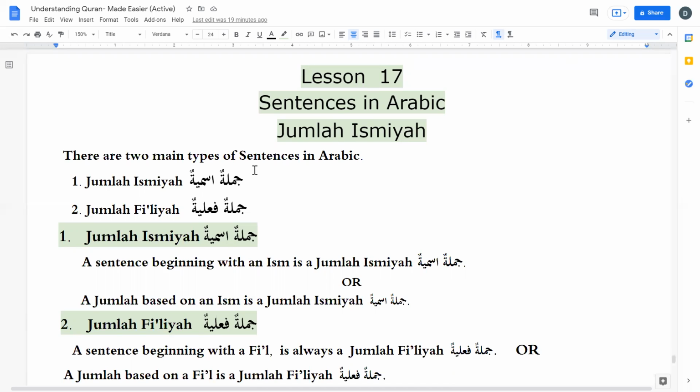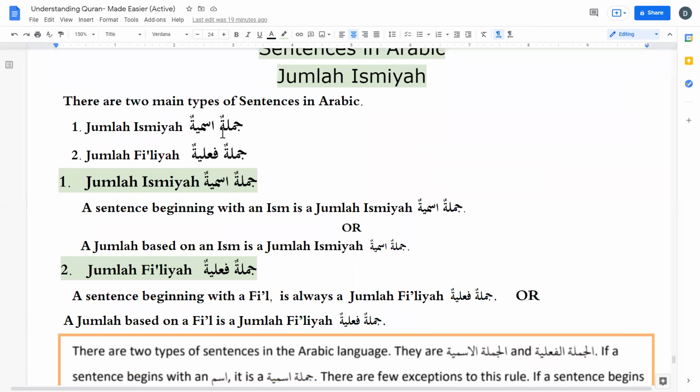Overall, there are two main types of sentences in Arabic. One is Jumlah Ismiyah, and the other one is Jumlah Fi'liyah. Jumlah Ismiyah, as the name suggests, is a sentence that is based on an ism.